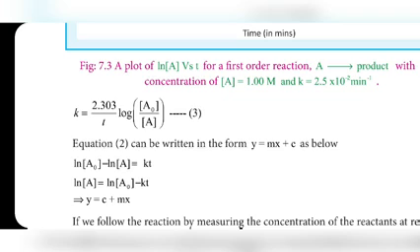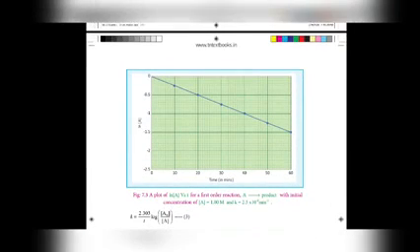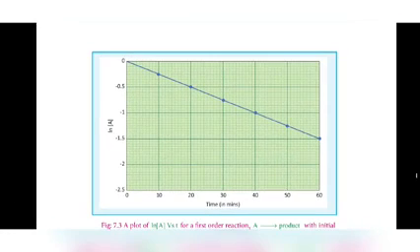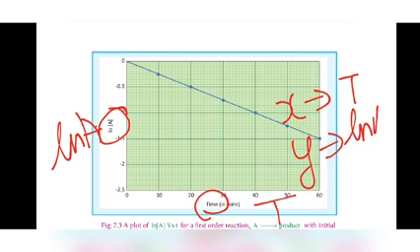That means we are plotting one graph. See this graph. This graph is plotted between time t and log a. So in x axis we are taking time, in y axis we are taking log a.